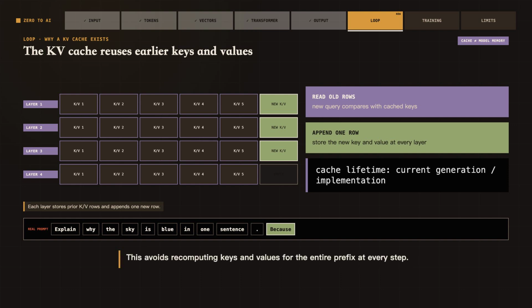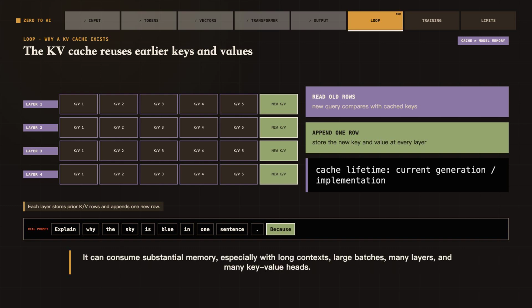This avoids recomputing keys and values for the entire prefix at every step. The new position needs to compare its new query with earlier keys and read earlier values. It does not need the old queries to calculate the new position's attention output, so inference engines do not usually cache every old query. The cache is maintained separately for every relevant layer and sequence.